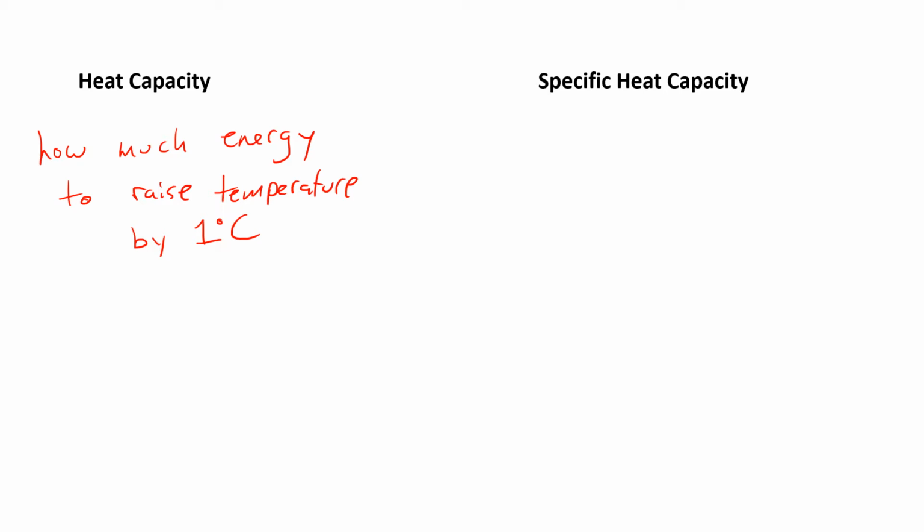So a heat capacity is for something bigger, like if you have a block of wood and you want to know how much to heat it up, when you heat it up, how much energy it takes, and it will go up by a certain amount of degrees. All right, so it's how those tie together. All right, there's a formula for this, but let's jump to specific heat capacity first.